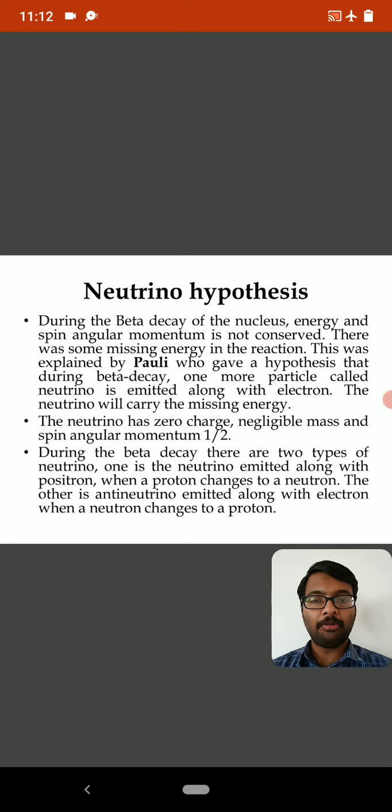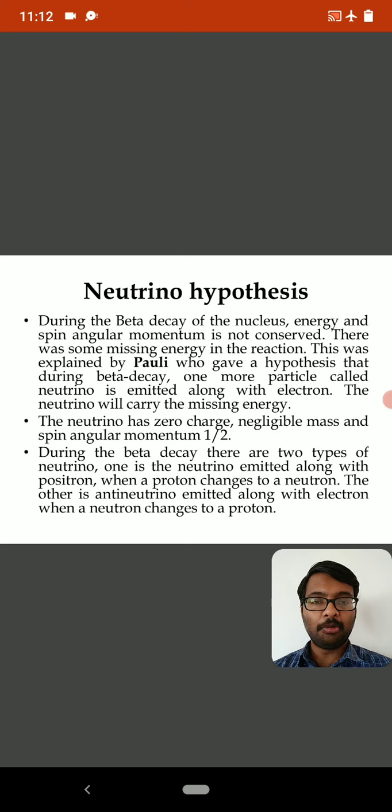So the neutrino is a chargeless particle. The antineutrino is the antiparticle of the neutrino, just like the positron is the antiparticle of the electron. As the neutrino has zero charge, negligible mass, and spin exactly equal to half, during the beta decay process two types of neutrinos are emitted.